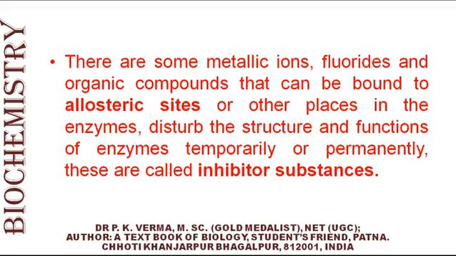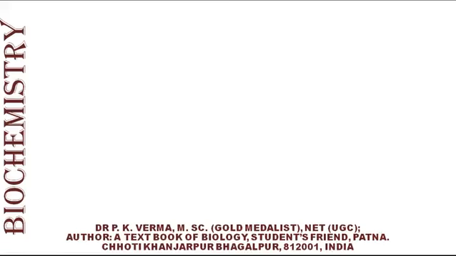These are called inhibitor substances. The inhibitors are metabolic poisons because in their presence enzyme activity decreases. The proper enzyme either cannot react or reacts very poorly. So these are inhibitor substances.